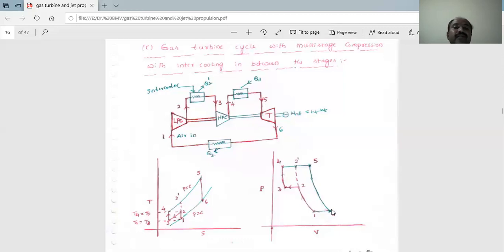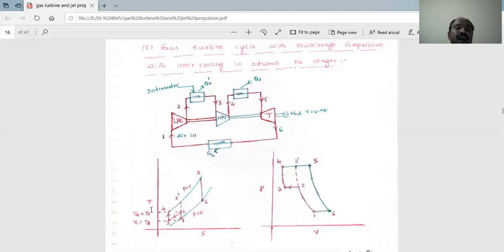Then 6 to 1, the heat rejection through a condenser. The exhaust air is recycled to the low pressure compressor through a condenser. In the condenser the heat rejection process takes place, and the cooled air is once again passed to the low pressure compressor.